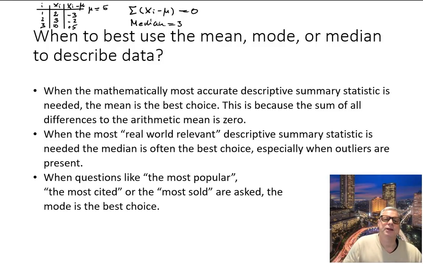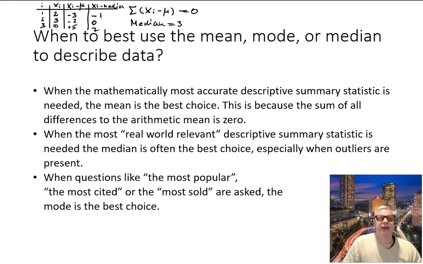And if you subtract from each observation the median, so if we did xi minus the median, then we have 2 minus 3, negative 1, 3 minus 3 is 0, 10 minus 3 is 7.